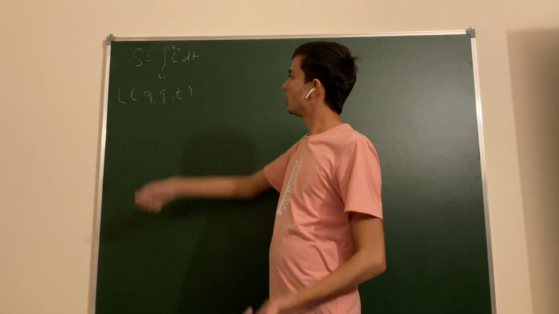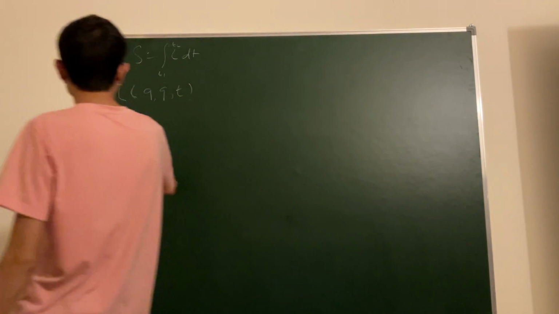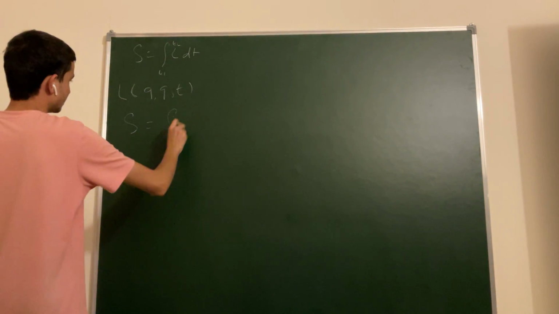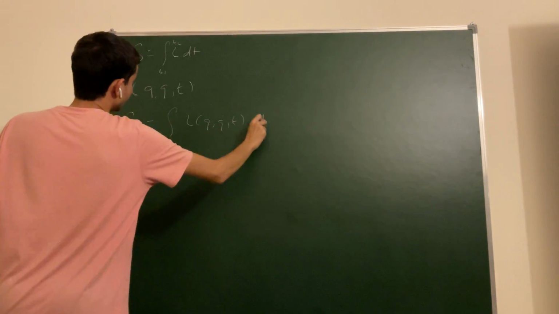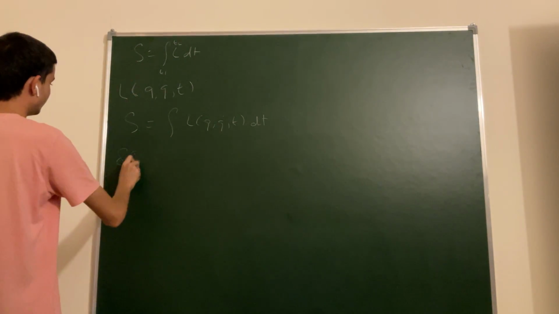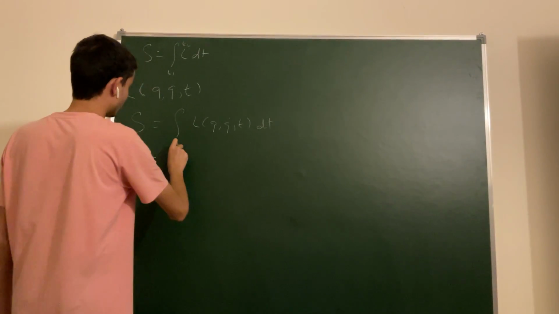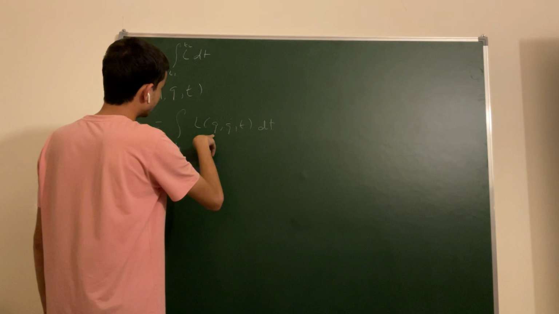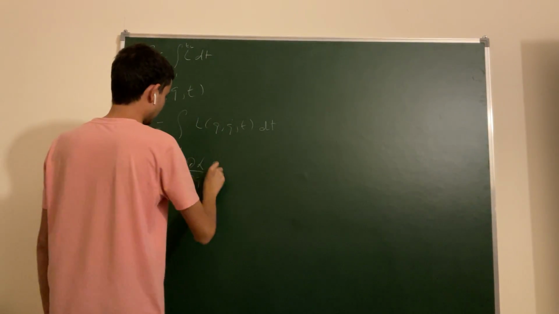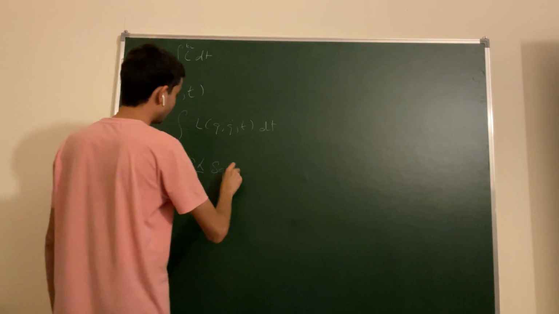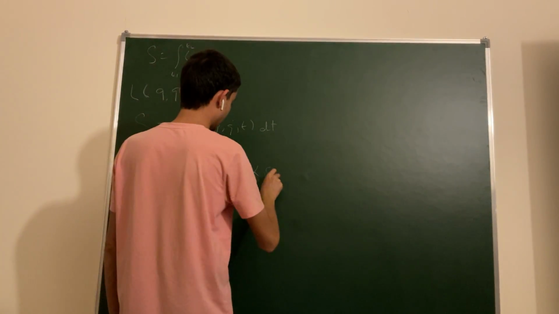How do we go about the least action principle? You put your action, the integral of L of q, q dot, t dt from t1 to t2, and then you demand a variation in S. You take the variation with respect to q, so you get del L upon del q times the variation in q, plus del L upon del q dot times the variation in q dot.